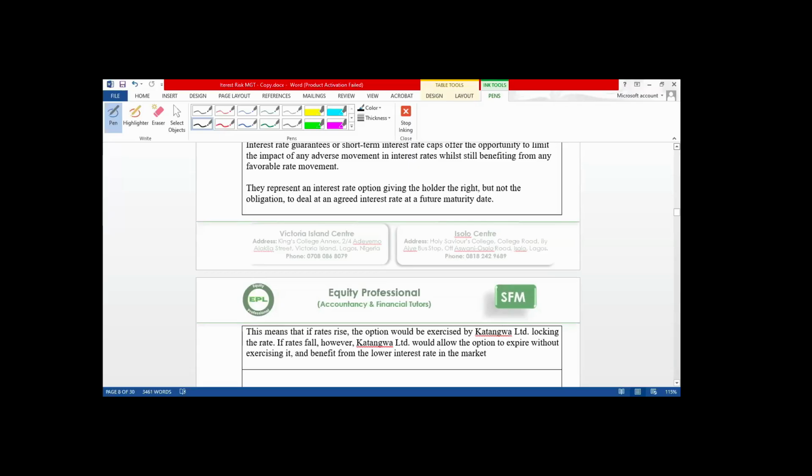If the interest rate falls below the guarantee rate, you are not going to exercise your guarantee. You are going to opt out of the option. You can now borrow at a lower interest rate in the market.